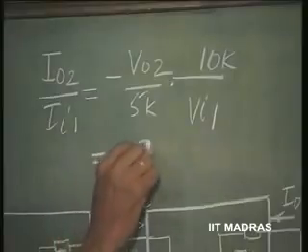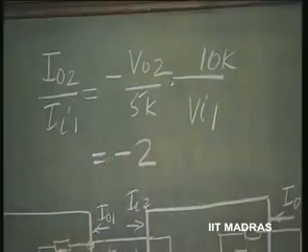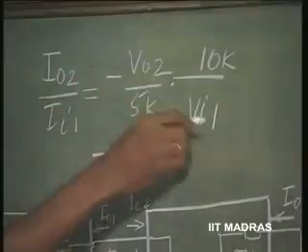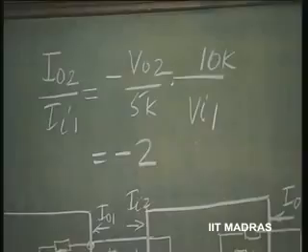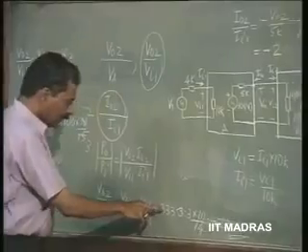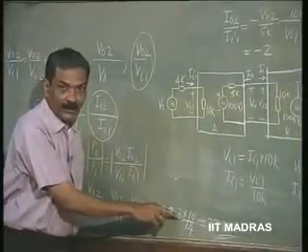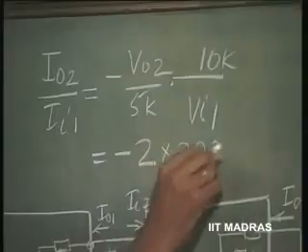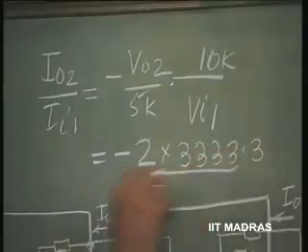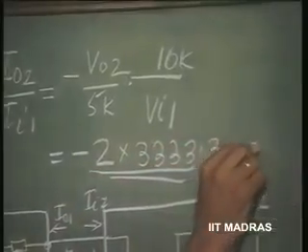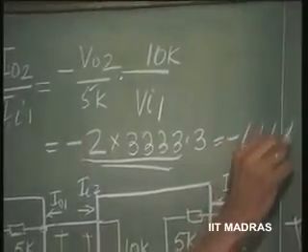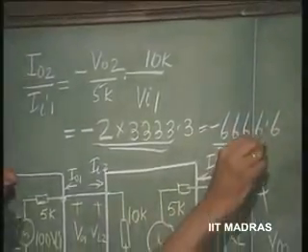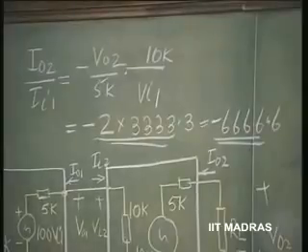That means it is minus 2 times the voltage gain V naught 2 by Vi1, which we have already evaluated as 3333.3, which is minus 6666.6, with a negative sign indicating, this negative sign is important, let us understand.